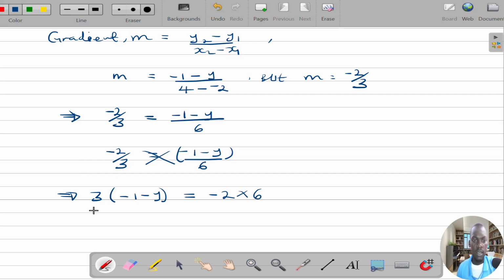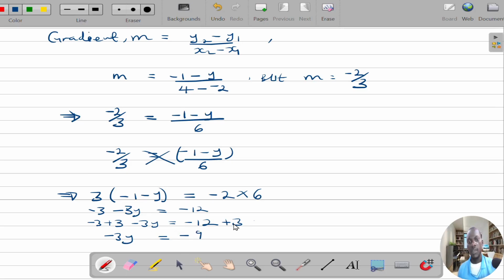So this is -3 minus 3y equaling -12. So we'll collect like terms. We have -3 plus 3 minus 3y equaling -12 plus 3. So in here, we have our -3y equaling -9.